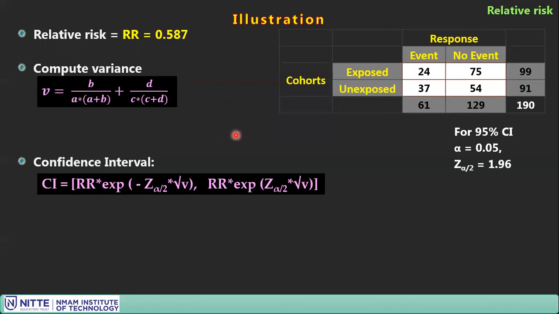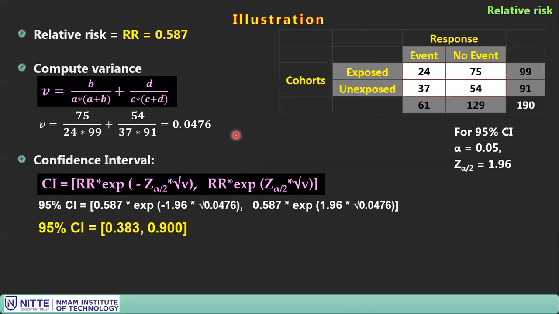Alright, now let us see the value, whether you have calculated it properly. Here it is. So b by a plus b: 75 divided by 24 into 99, 54 divided by 37 into 91. Two terms are there, you use them and calculate the variance. Usually we take 3 or 4 decimal approximations, right?